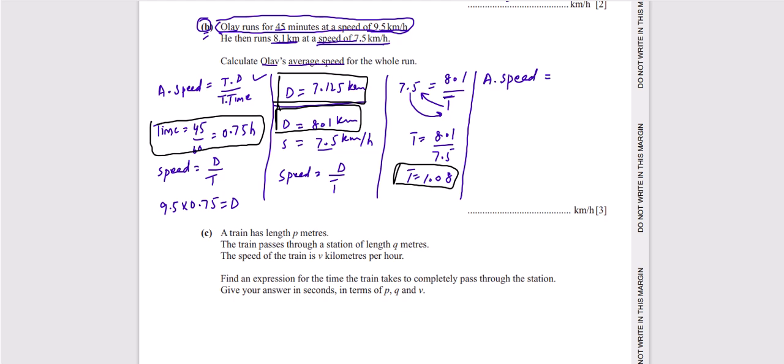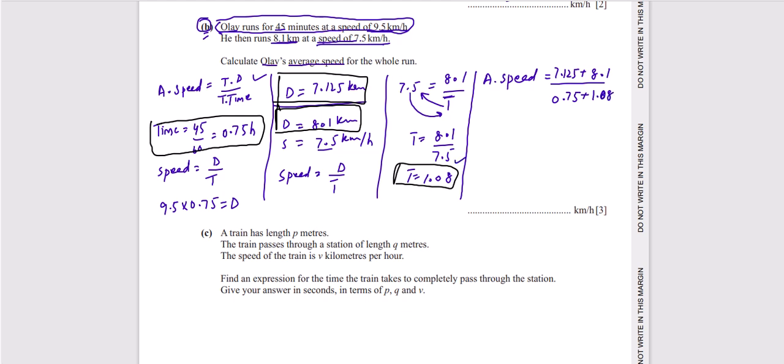Add up these values like this: 7.125 plus 8.1 divided with total time. Time is 0.75 plus 1.08.